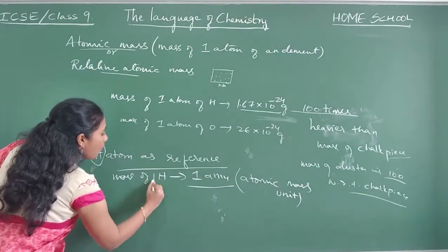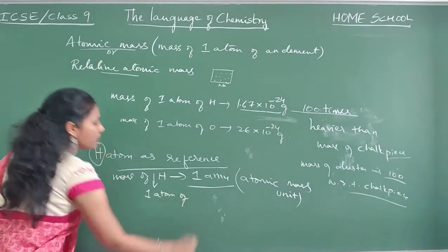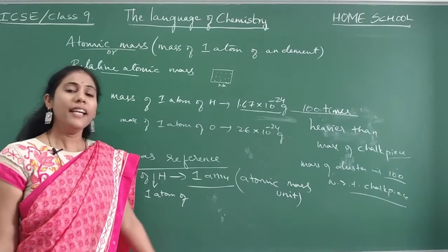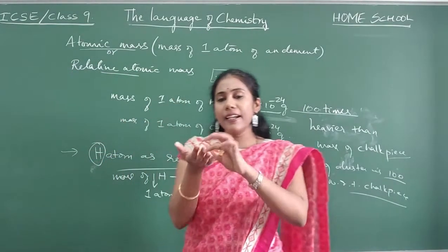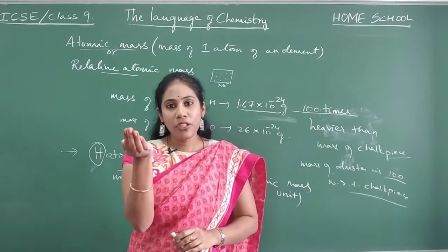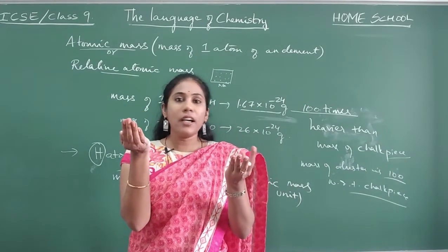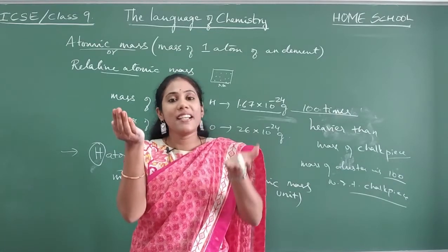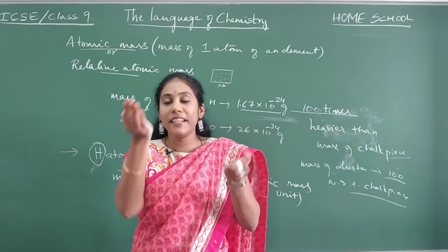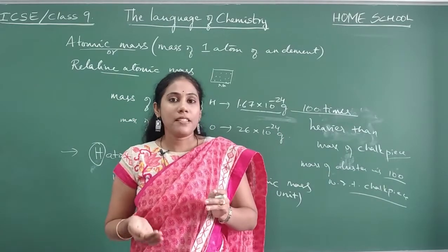Mass of one atom of hydrogen. Remember, 1 AMU. This is the reference. They had one atom of hydrogen weighing 1 AMU, and on the other side they took atoms of another element and found how many times these are heavier or lighter than hydrogen. That number itself they considered as the atomic mass.